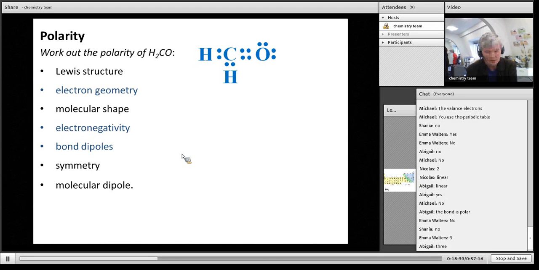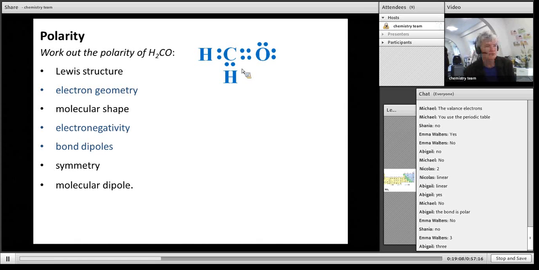3. Correct. Now for excellence and so on, don't just say there are 3 areas of negative charge around the central atom. Show that you haven't just learnt it, that you understand what's happening. So say there are 3 regions of negative charge around the central carbon atom. Can you see just that extra word shows you've understood this molecule, that the carbon is in the center and the other atoms are around it.